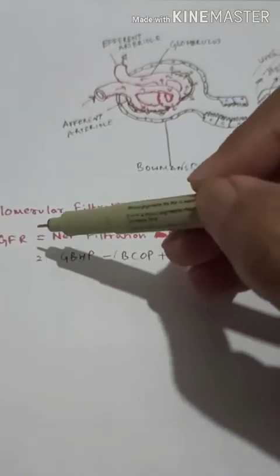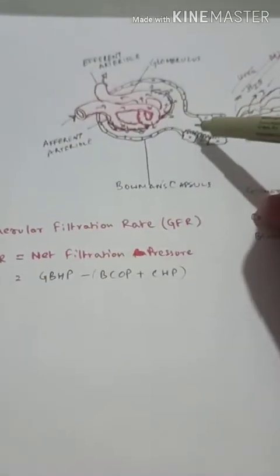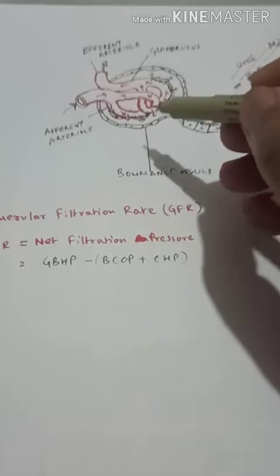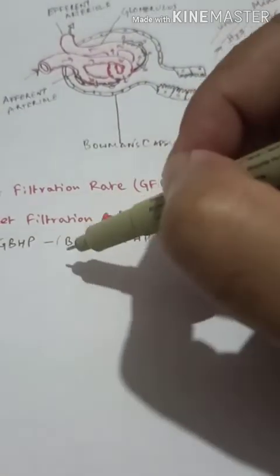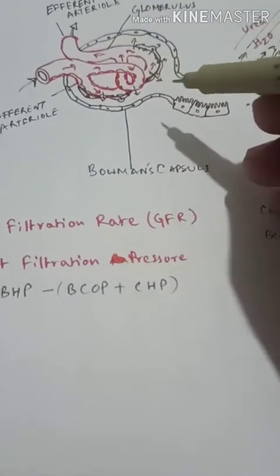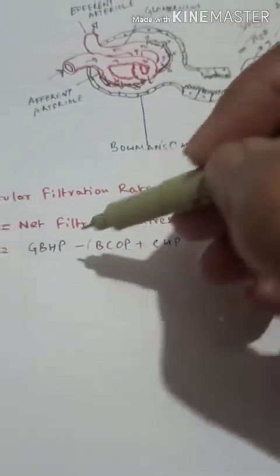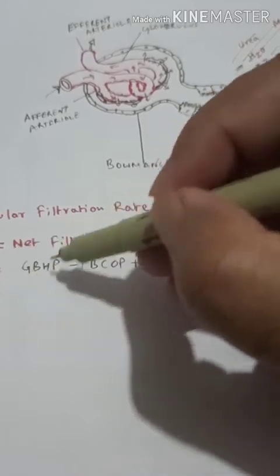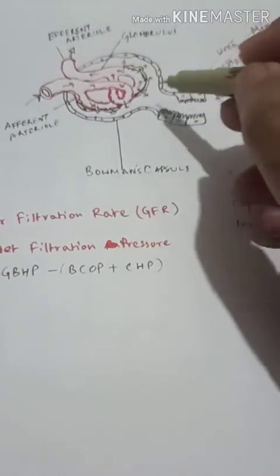So the GBHP is the one leading to formation of the glomerular filtrate. But at the same time, these two pressures, both negative, are trying to send everything back into the blood vessel. So the net pressure will be the GBHP minus both of these negative pressures.